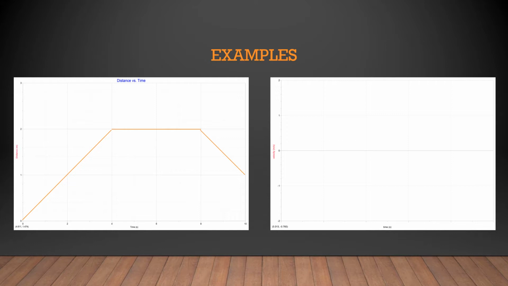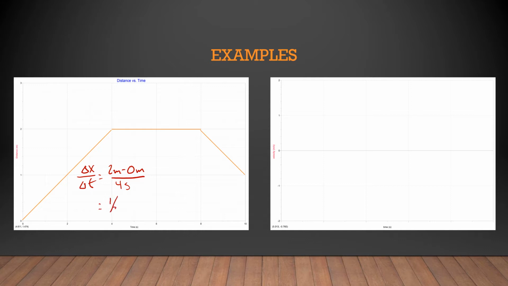Here we have a position versus time graph. We want to make a velocity versus time graph based on that. So we need to find the slope, always delta x over delta t. In this case, that is final position of 2, initial position of 0, over the time of 4 seconds.